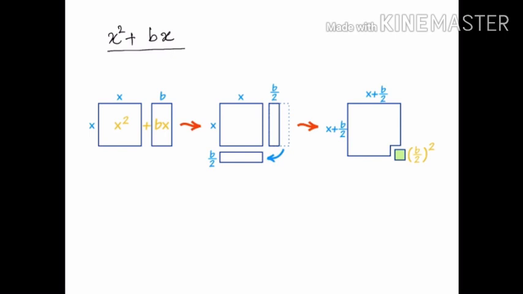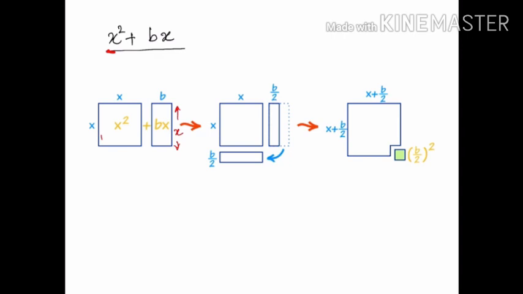The x square term is represented as a square of side x. So x into x is the area of this square. And bx is the area of the rectangle that has length x and breadth b.